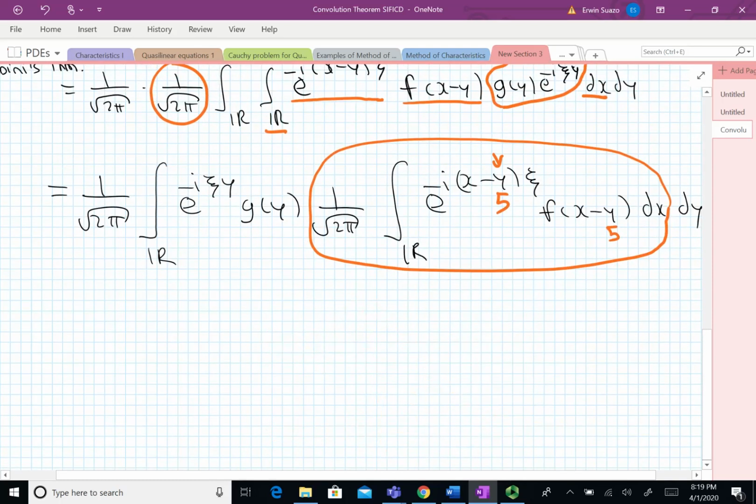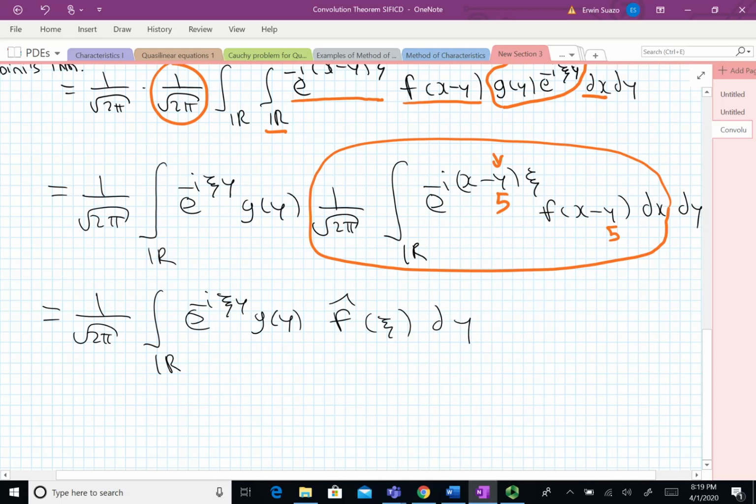So this guy is 1 over the square root of 2 pi, integral over R of e to the minus i theta y g of y, and then this guy is the Fourier transform of f, dy.